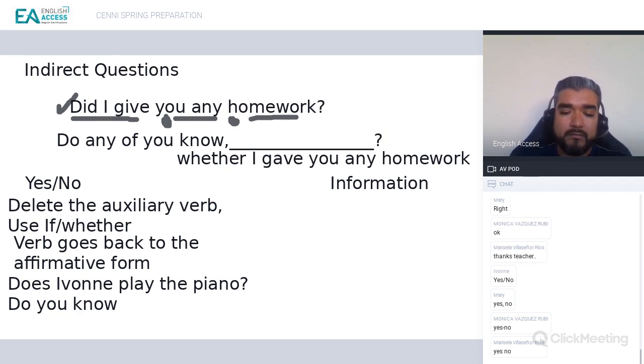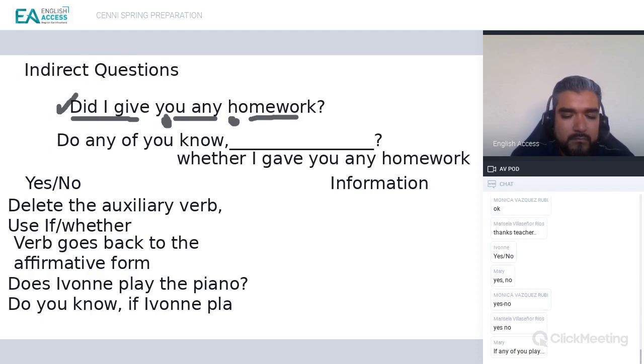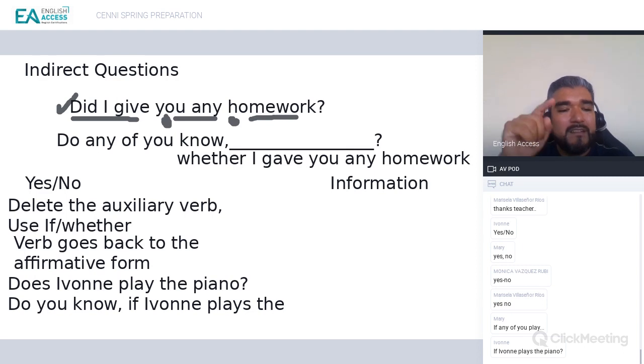Who knows the answer? How do I say this? Do you know if any of you know? The question is, does Yvonne play the piano? Do you know if Yvonne plays the piano, right?